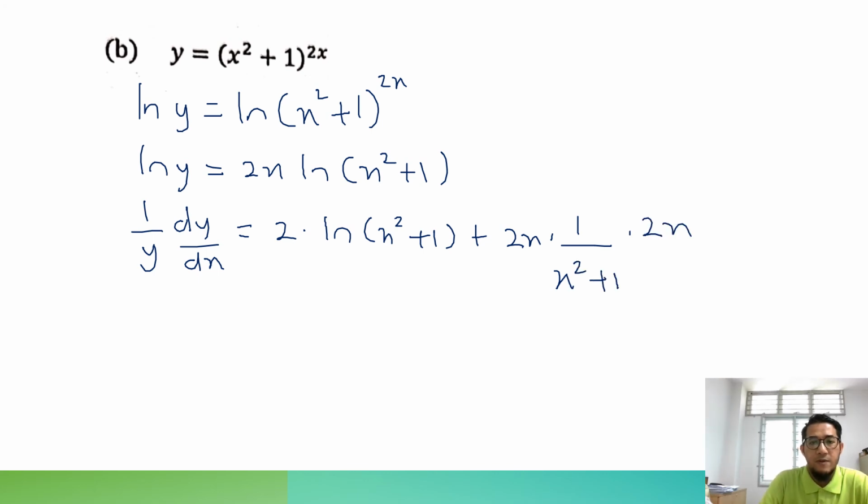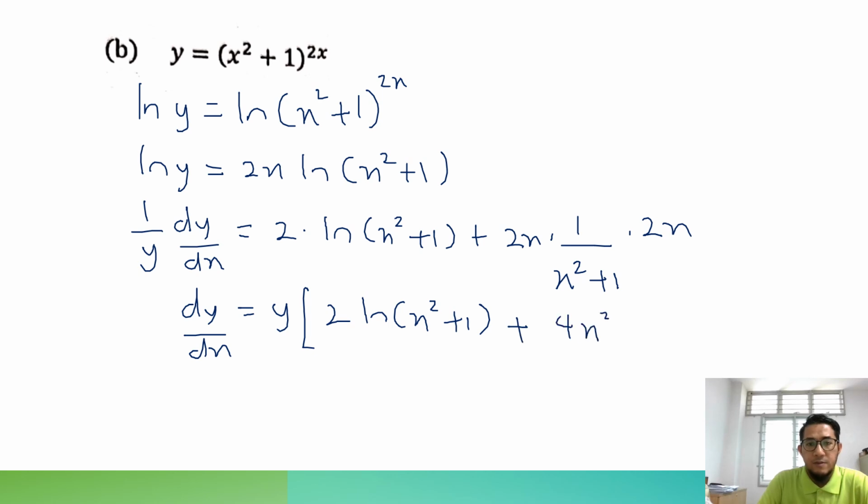Then we simplify. We bring this 1 over y to the right side. So y times 2 ln of x squared plus 1 plus 4x squared over x squared plus 1. Finally we substitute back for y.